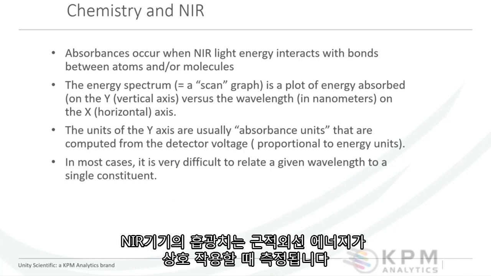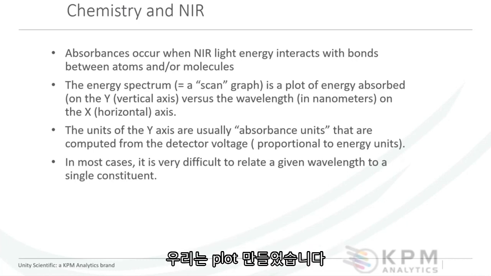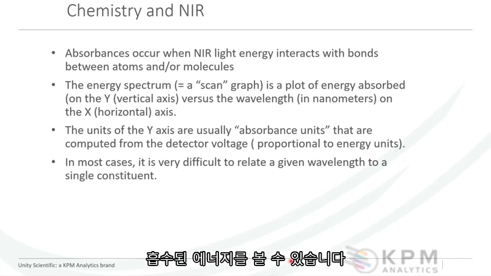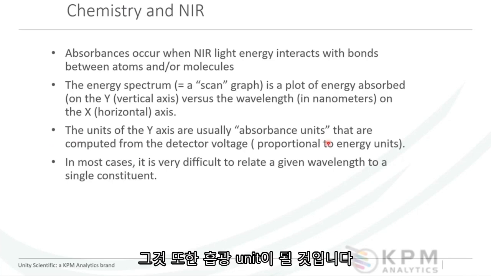So in our instruments, the absorbance that we're measuring occurs when the near-infrared light energy interacts with our bonds. Okay, and we create a spectrum plot. And on the x-axis, we see the wavelength. And on the y-axis, we see the energy that's been absorbed, or the absorbance, okay? So on the y-axis, it'll be absorbance units.